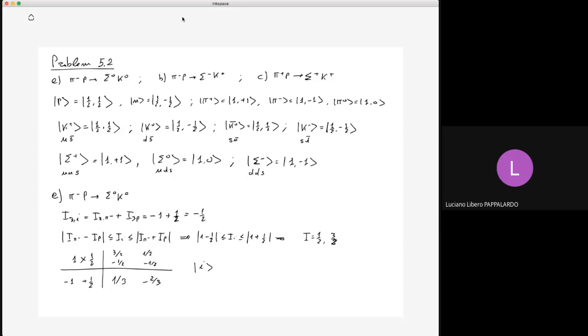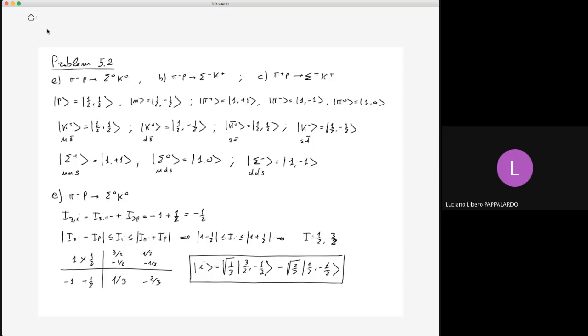So for the initial state, we have square root of 1/3, |3/2, minus 1/2>, minus square root of 2/3, |1/2, minus 1/2>.